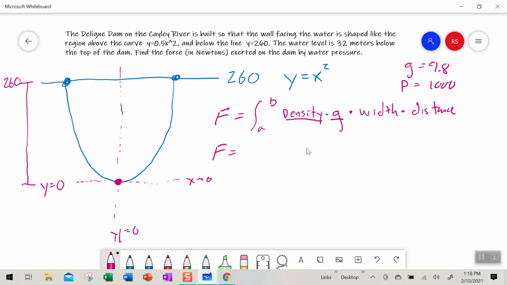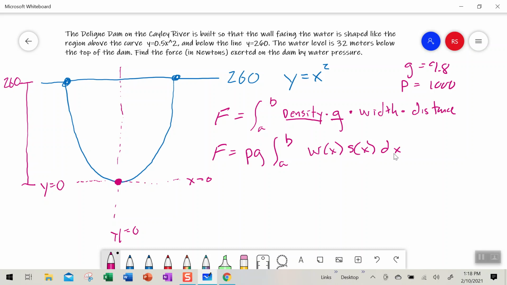And we've used the units before, 1,000 kilograms per meter cubed and 9.8 meters per second squared. So the force then is reduced to rho times g, the integral from a to b of the width, we'll call that a width function, w of x, and the depth function, I would use d of x, but the textbook, to be consistent, uses s of x, in case you're reading the textbook.